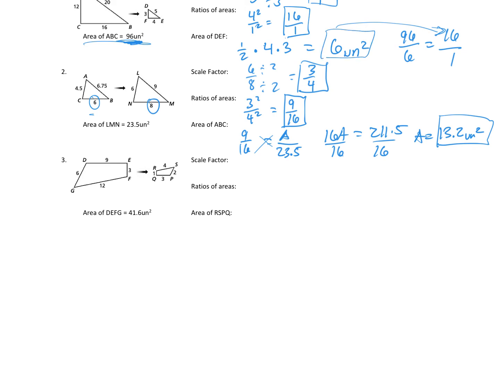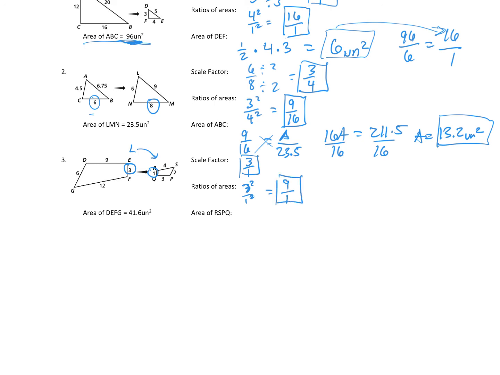Let's do this next one. They want us to find the scale factor. Notice here the pictures, we have to make them correspond. The pictures are flipped a little, so our scale factor is actually 3 and 1. We have to match the sides with the right side. So here my scale factor is actually 3 to 1. My ratio would be 3 squared over 1 squared, which is 9 to 1.